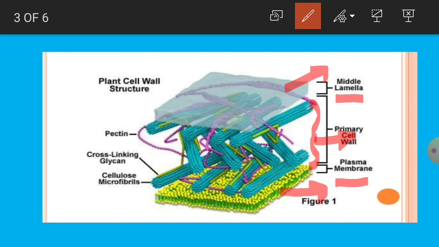You can see within the blue colored rod-like structures, microfilaments again. These microfilaments are 25 nanometers in diameter. Each microfilament again contains round ball-like micelles. Each micelle shows thousands of cellulose chains.